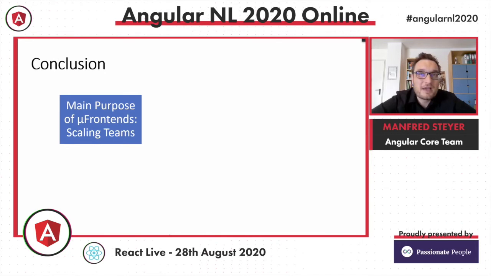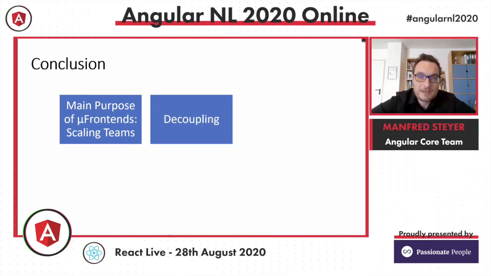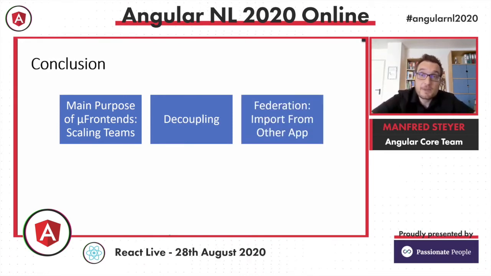You might not be able to reach the sweet spot because you don't gain much if you only have one team, and you have to deal with a lot of other stuff like version conflicts. But if you have several teams, if you want to scale, this comes really in handy.